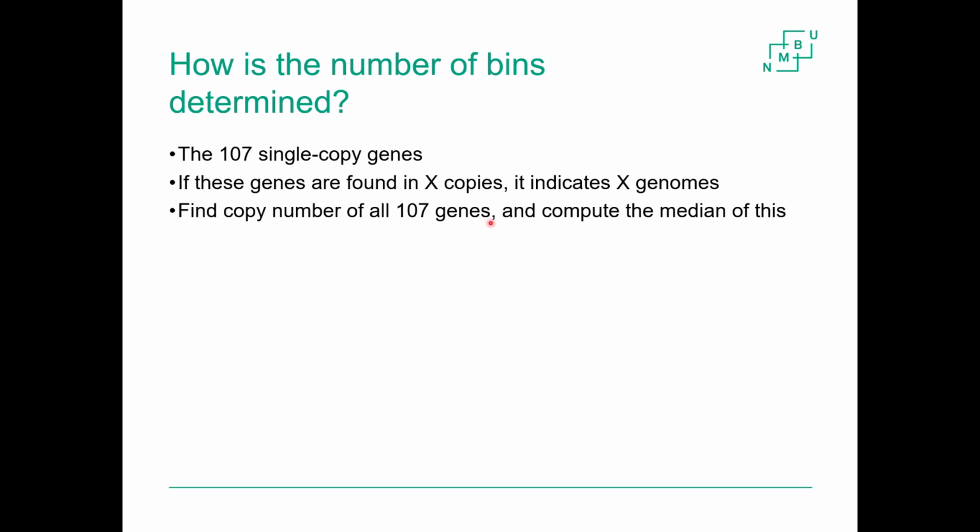But if you have sampled a very, very strange and different community, for instance some soil or some water, sea floor sediments or something like that, which probably contains a lot of new organisms that we haven't seen before, then you can replace this 107 with the 40 genes that are even more conserved, right, than these 107. But the idea is the same.